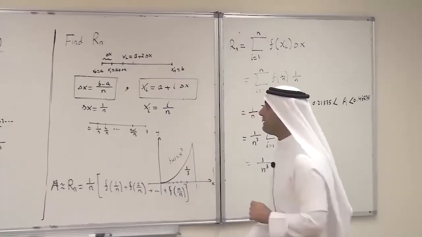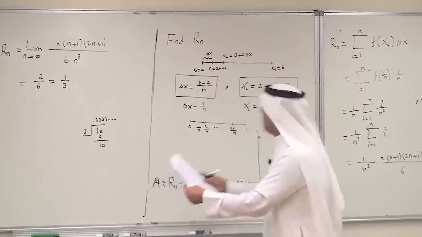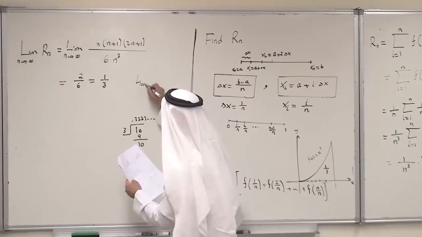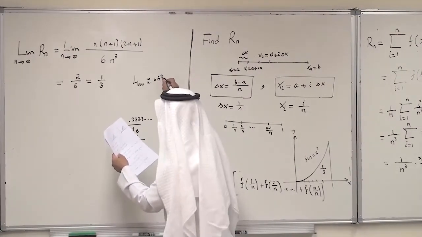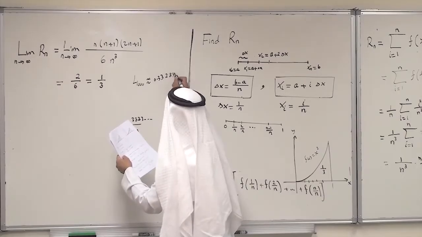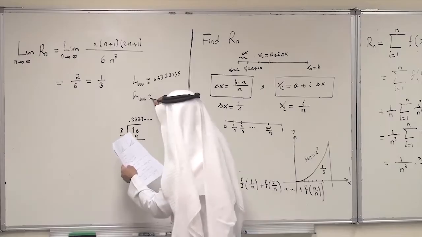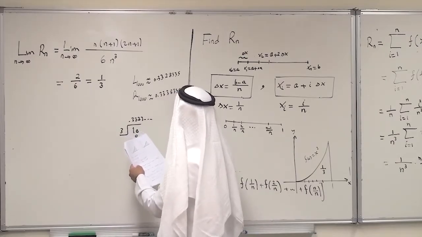We reached R1000, and let me remind you of these numbers. I have them here. If you remember, this is L1000, for example. We get it to be approximately equal to 0.3328335. We get R1000 to be approximately equal to 0.3338335.